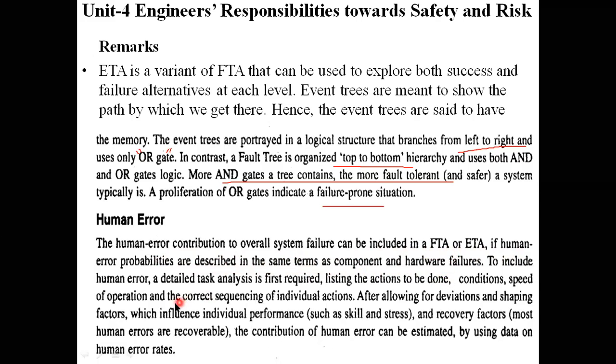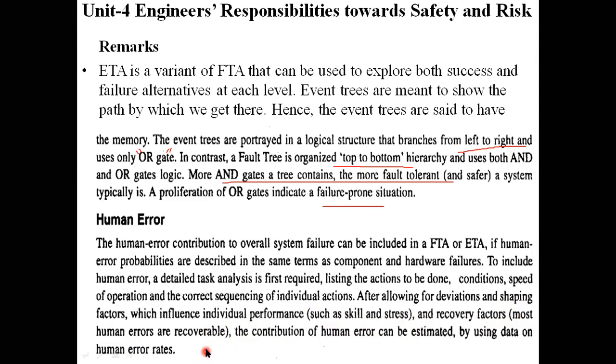To include human error, a detailed task analysis is first required, listing the actions to be done, conditions, speed of operation, and the correct sequence of individual actions. After allowing for deviations and shaping factors which influence individual performance, such as skill, stress and recovery factors, most human errors are recoverable.